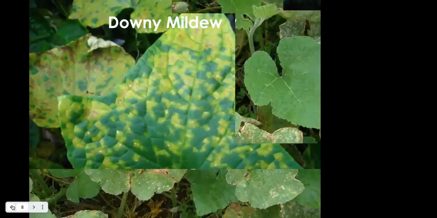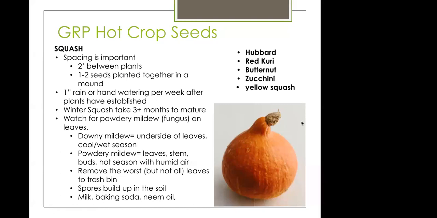And then your soil, if your soil already had the powdery mildew in there, you can still use that plant. It really all depends on the health of the plant.